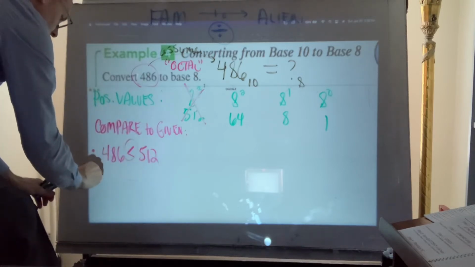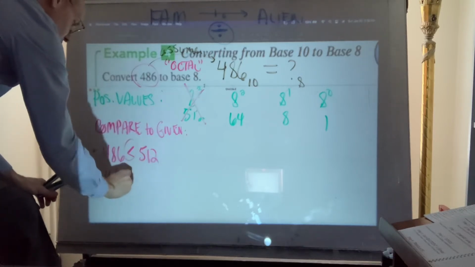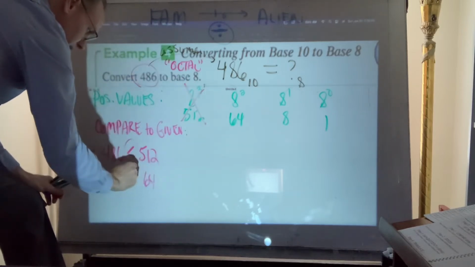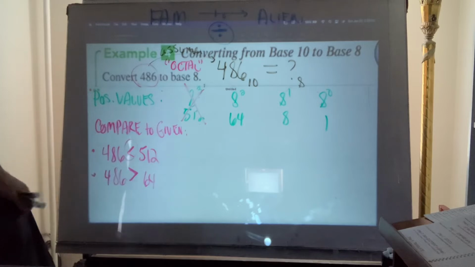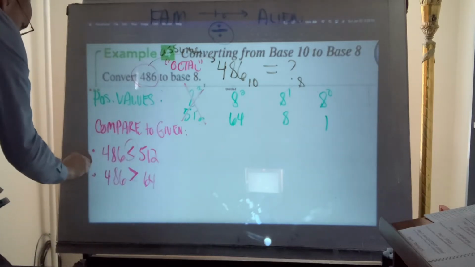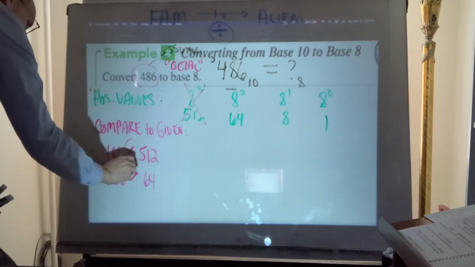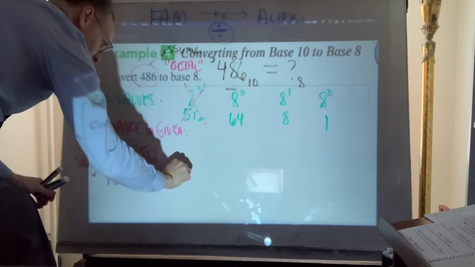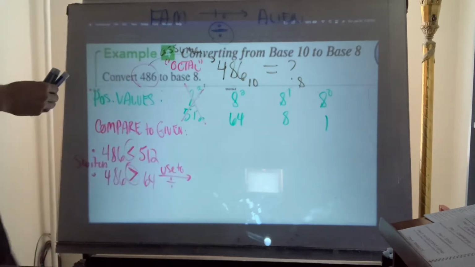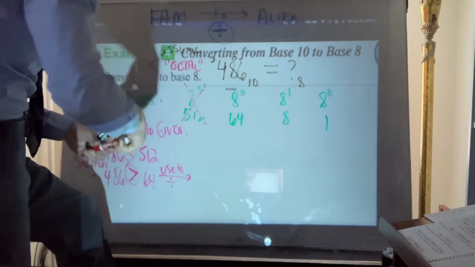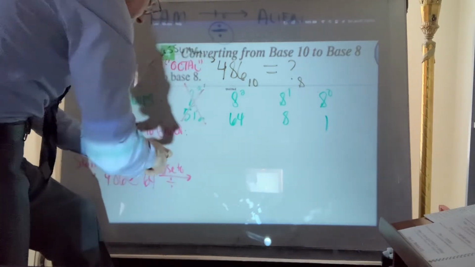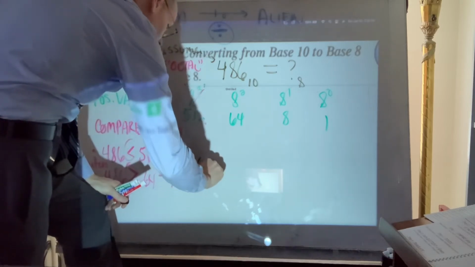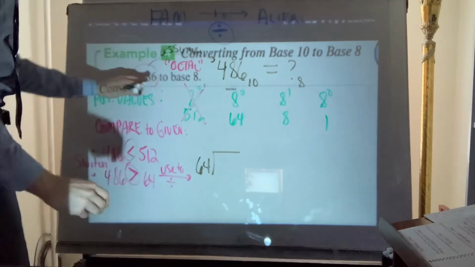So not going to use that, but 486, the next one is 64, right? Notice this switch. When it switches, then you divide. If it helps, a little contrast here: 64, we're going to divide into the figure 486.